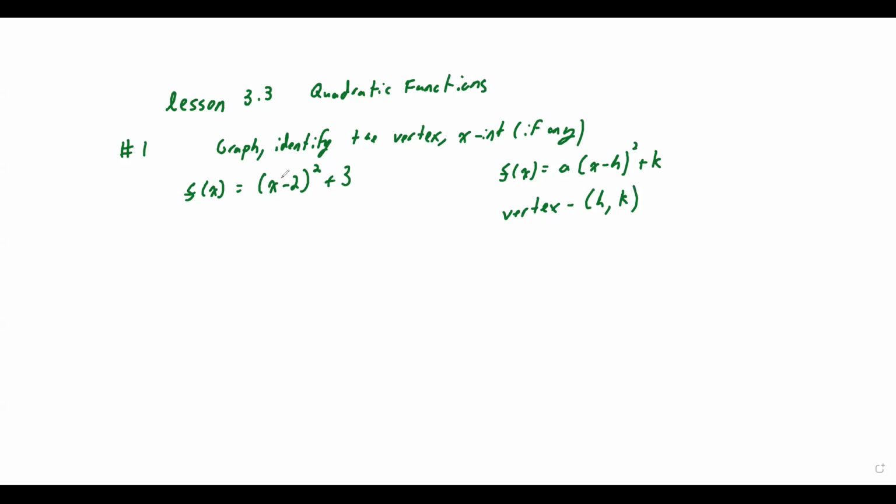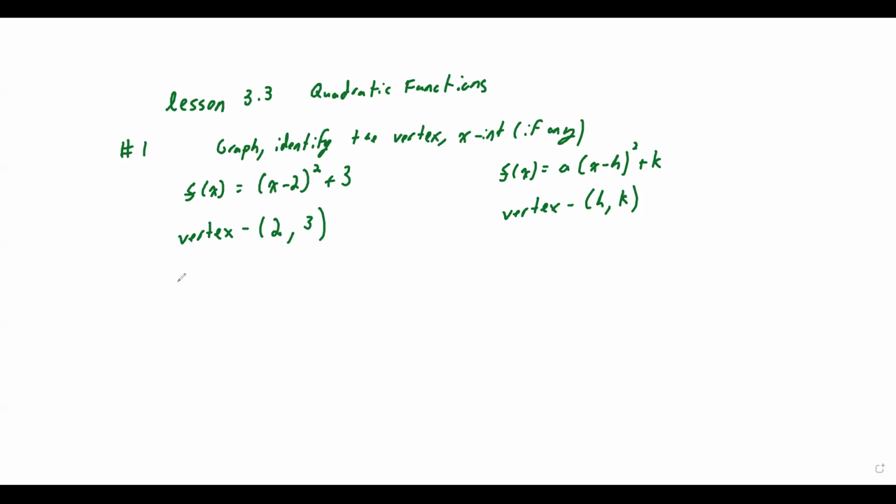So notice this is a minus sign. When you're dealing with the h, you always want the opposite sign of what you see. Since this is a minus 2, your vertex for this one would just be 2, because that's what the h would be replacing. So rule of thumb, just change the sign of what's in the parentheses. That is your h. And then your 3 there is your k. So therefore, your vertex is just 2 comma 3.